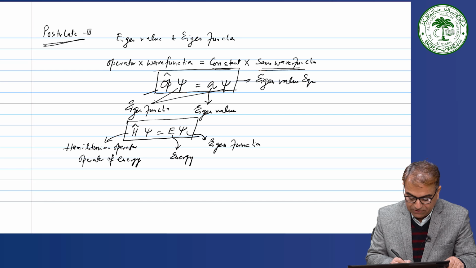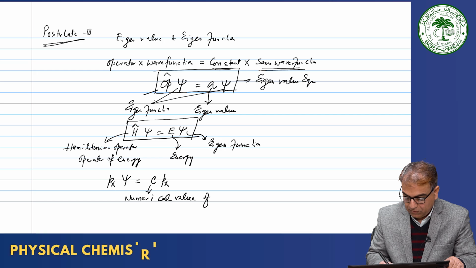Say for example, if you use p x on a function psi and you get some value c times psi, then this c is the numerical value of the x component of momentum.